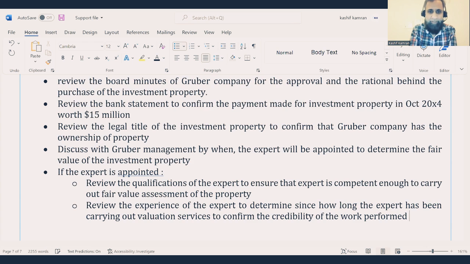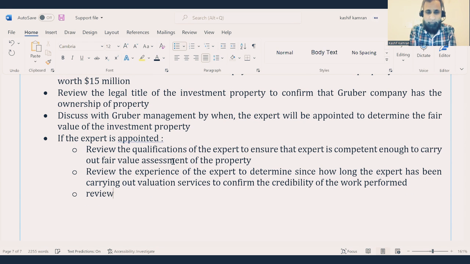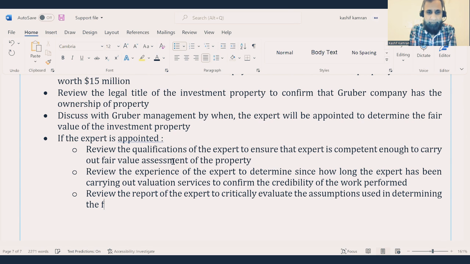So you need to look at the experience and qualification, review the report of the expert to critically evaluate the assumptions used in determining the fair value, and to ensure that the basis used for $2 million is appropriate.